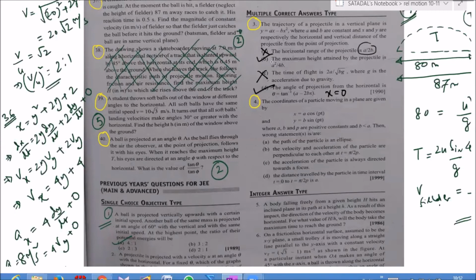Yes, Chaitanya? Sir, only D is the wrong statement, sir. Okay, fine. We'll check. Yes, Bhanu? Sir, only D is correct, sir. D is correct or wrong? I mean wrong, sir. The answer is D only, na? Yeah. Okay, fine.